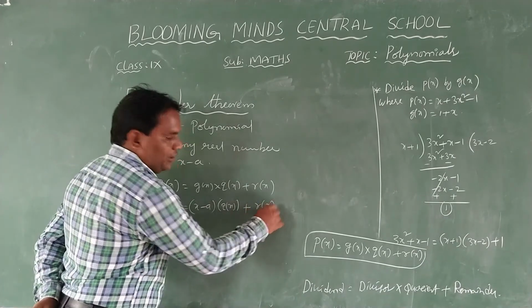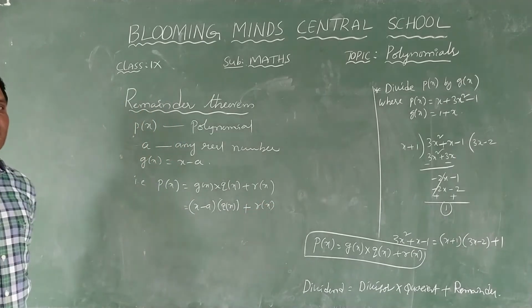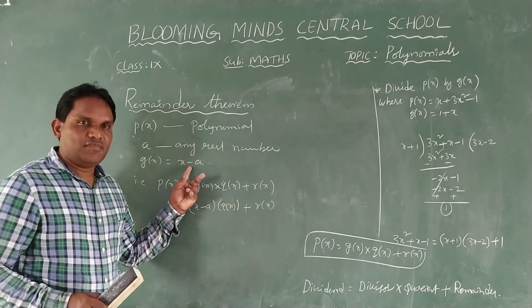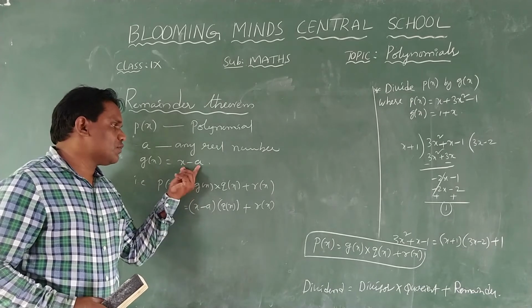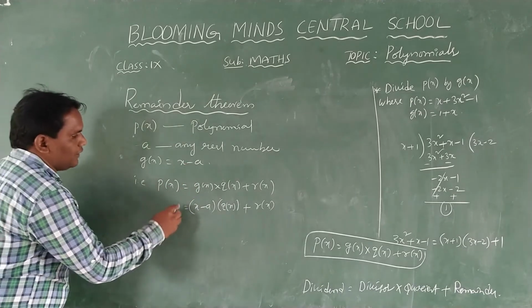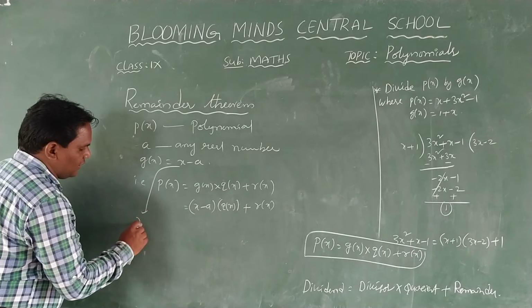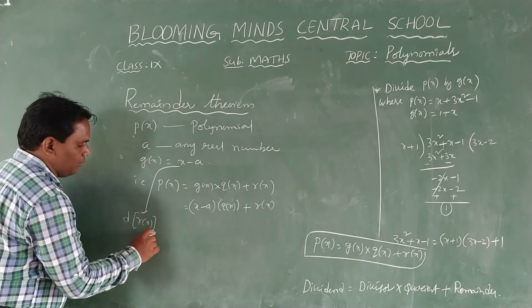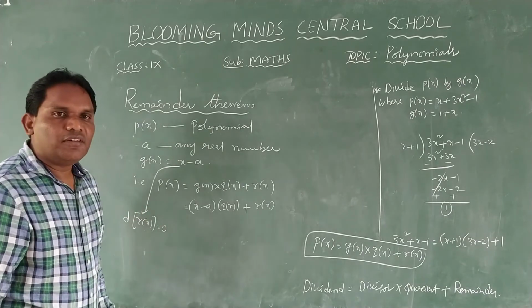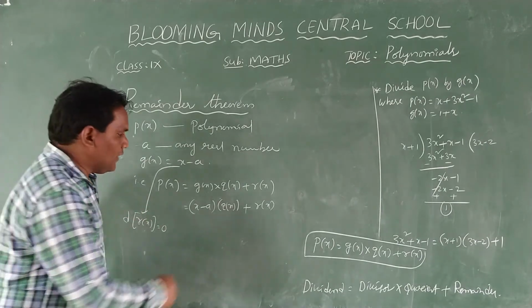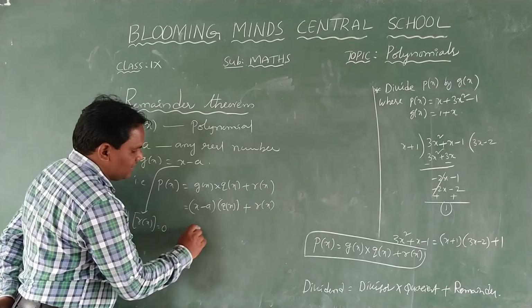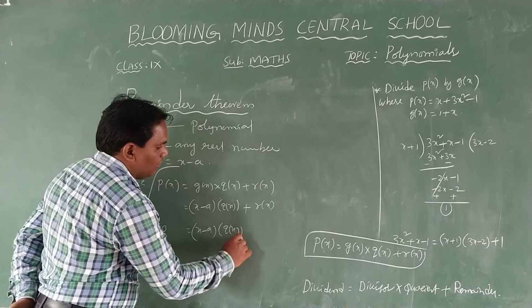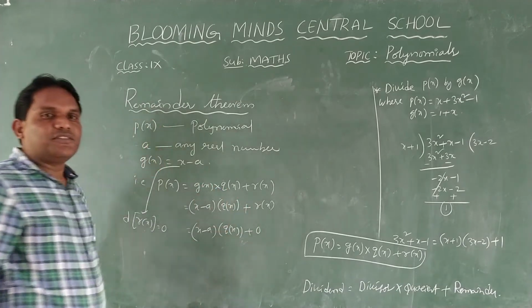The degree of x minus a is 1, which means the degree of R of x will become 0.